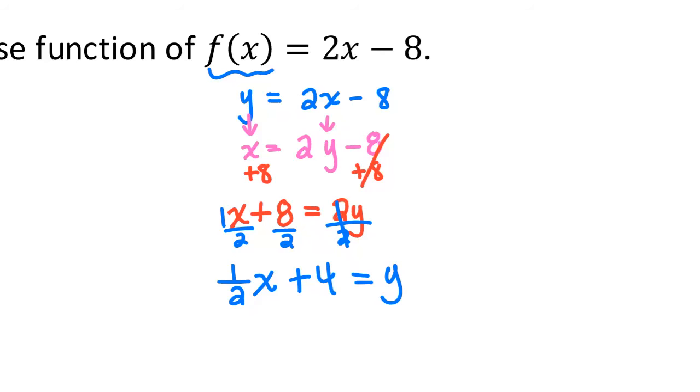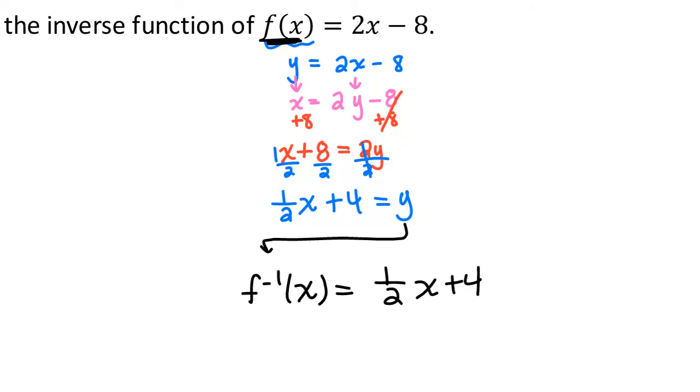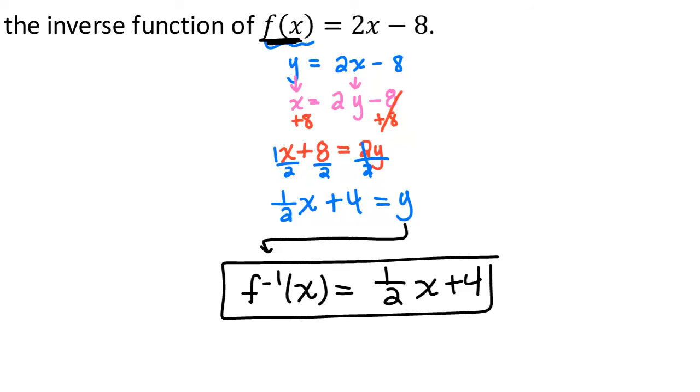We're left with y. And what's our last step? Change y to inverse. My function is f of x again. So this is f inverse of x equals 1/2 x plus 4. And that should be your final answer.